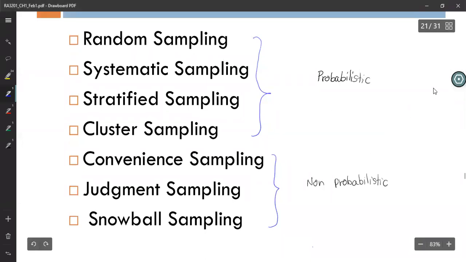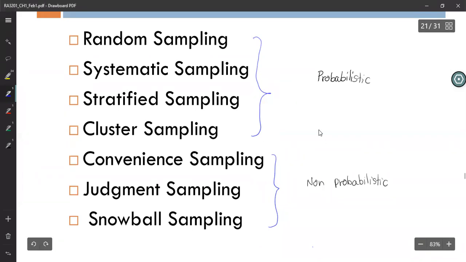Again, there are several other probabilistic and non-probabilistic methods, but we are going to talk about only these.